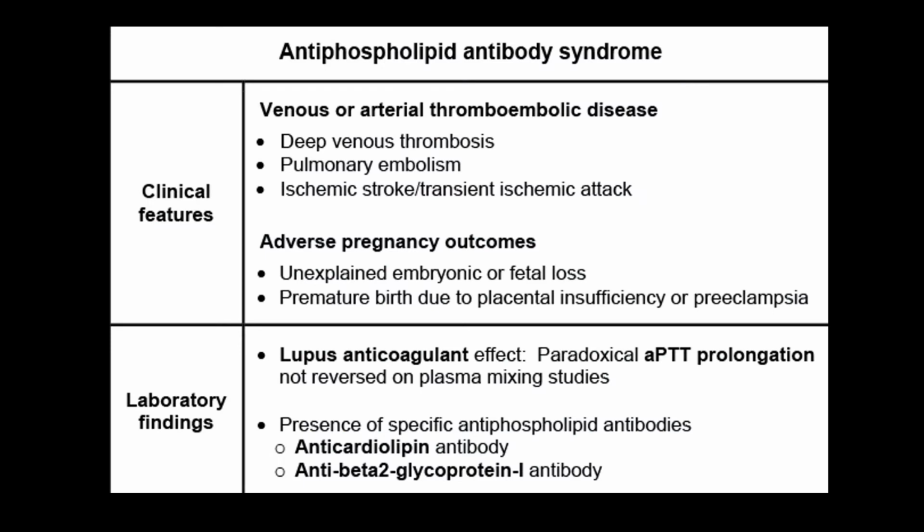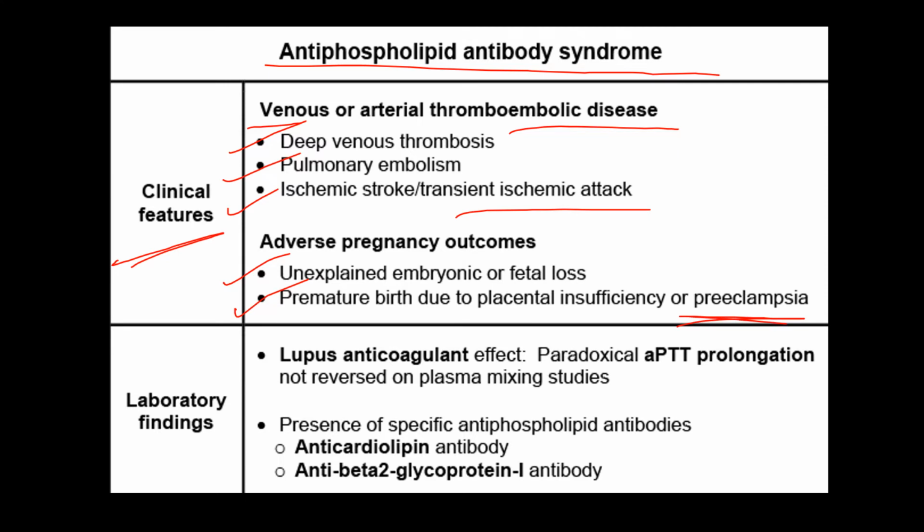Now, this slide demonstrates the antiphospholipid antibody syndrome, where the clinical features include venous or arterial thromboembolic diseases: deep venous thrombosis, pulmonary embolism, and ischemic stroke or transient ischemic attack. Also, it could lead to adverse pregnancy outcomes such as unexplained embryonic or fetal loss, premature birth due to placental insufficiency, or preeclampsia.